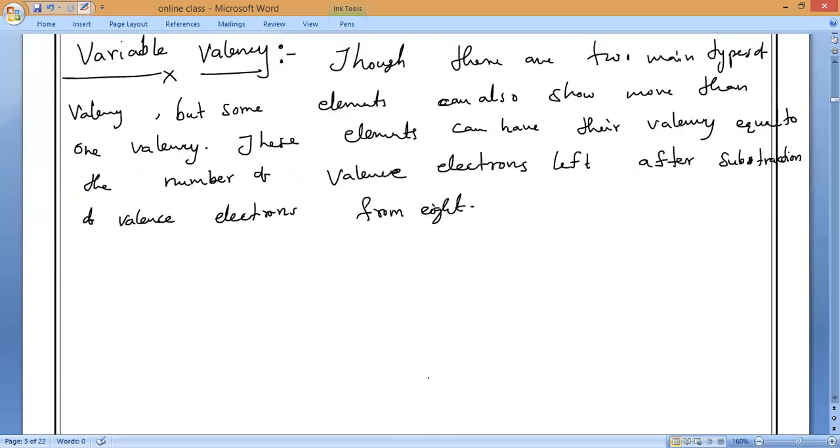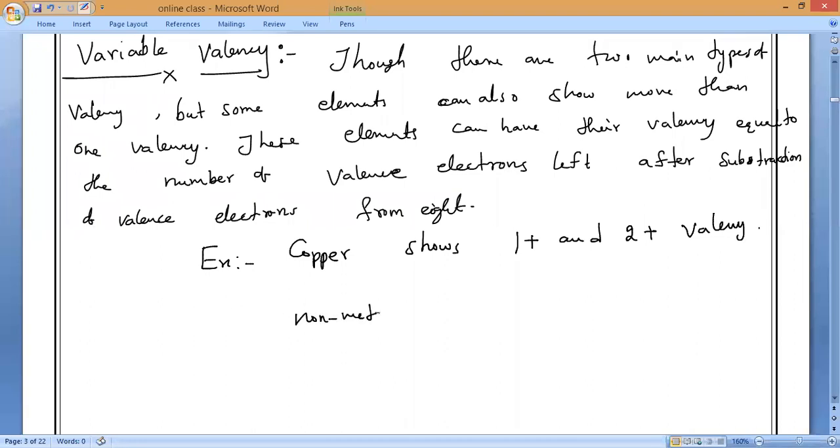So if you take copper, what is a variable valency? I have told you. Example, copper. Copper shows either +1 as well as +2 valency. Same way, if you take some non-metals, what are the non-metals they have given in our book? Phosphorus.